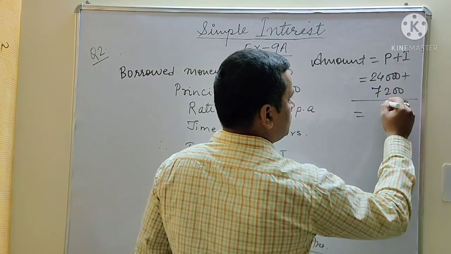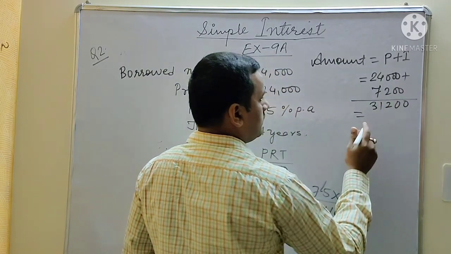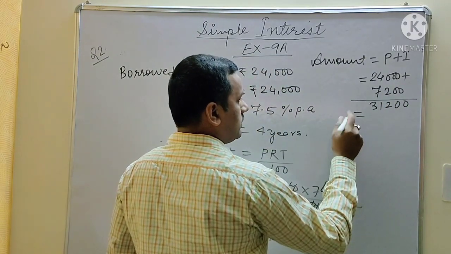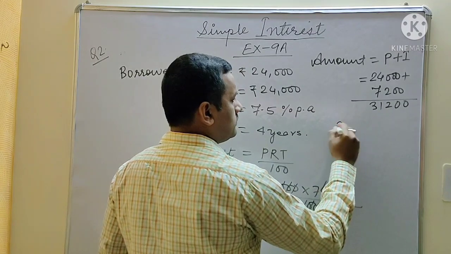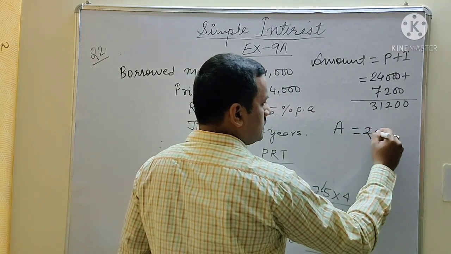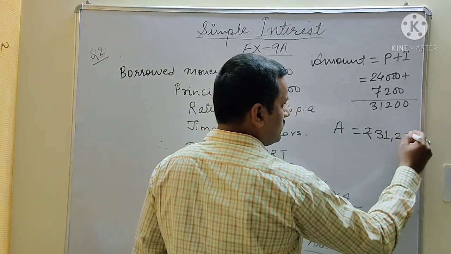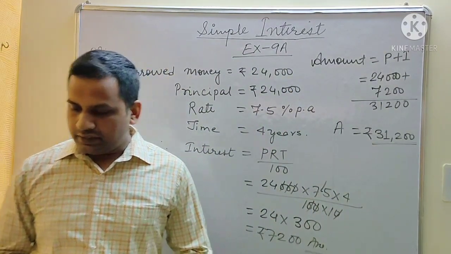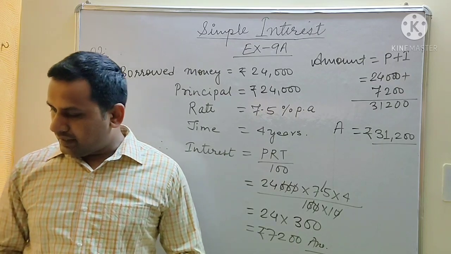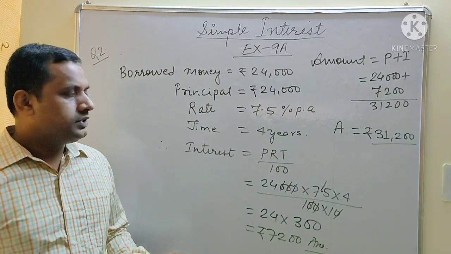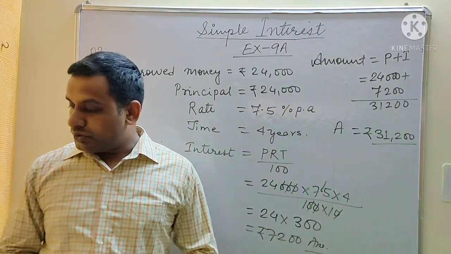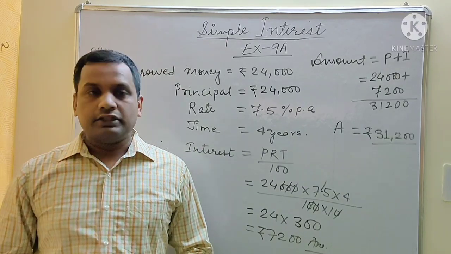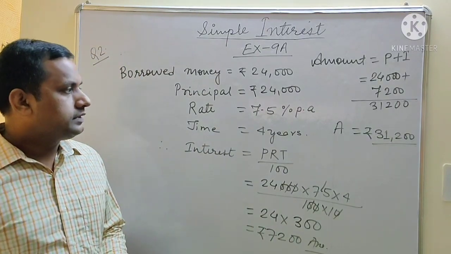Then we can write amount is equal to rupees 31,200. This is the money he has to pay to clear his debt. So finally you will write, hence 31,200 he has to pay to clear his debt.